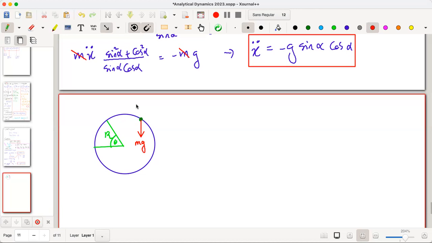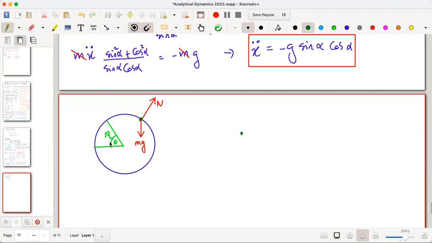The constraint is that the bead can only move along the circle. It cannot move off the circle. It cannot fall down to the center of the circle, nor can it jump off the circle. So the bead has what we call the normal force, along this one. All right, so the situation can be pictured like this.